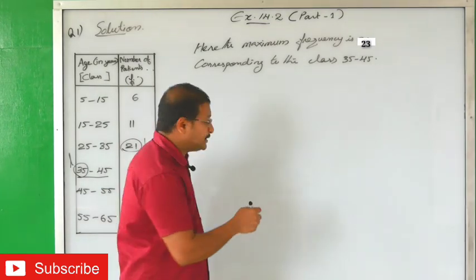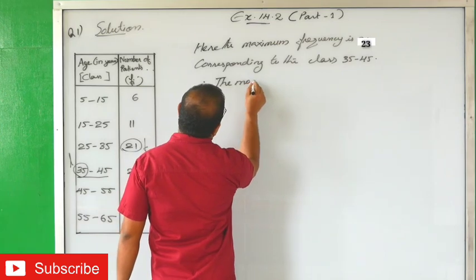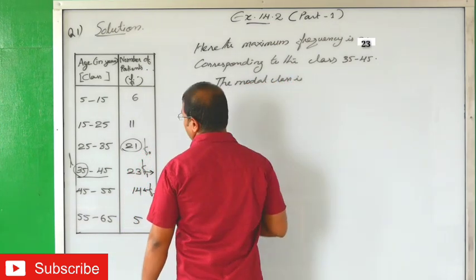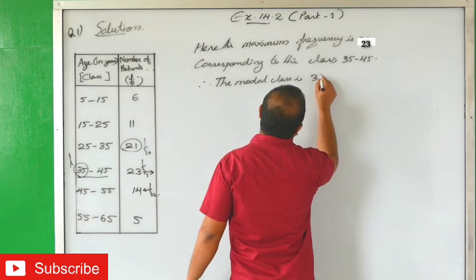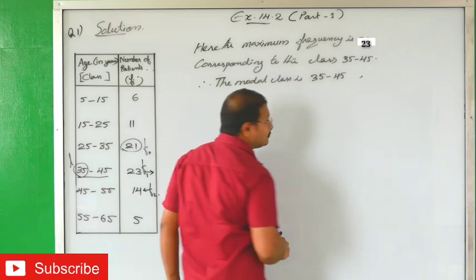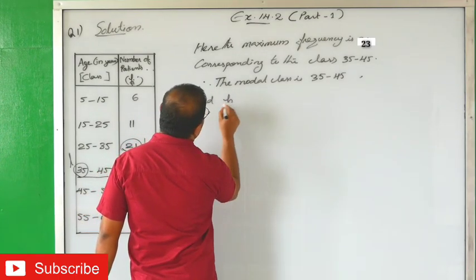Therefore the modal class is 35 to 45. Ready? And now we'll write the value of h.